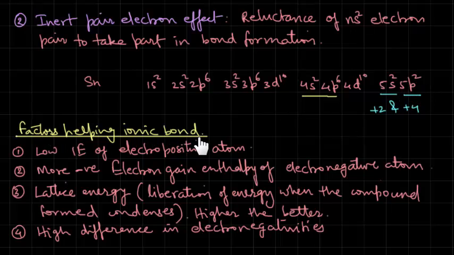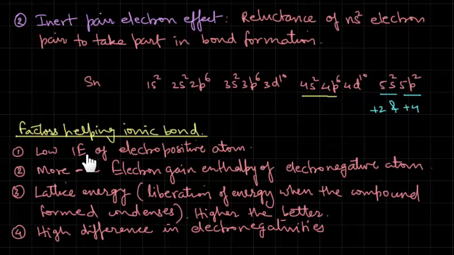Factors helping ionic bond. We see that there are two atoms participating in an ionic bond, so what are the factors that help? First, low ionization energy of the electropositive atom. Ionization energy is a measure of how difficult it is for an electron to be removed.